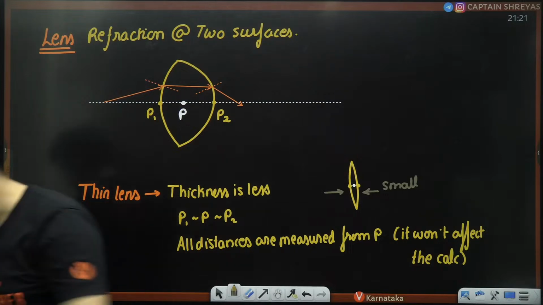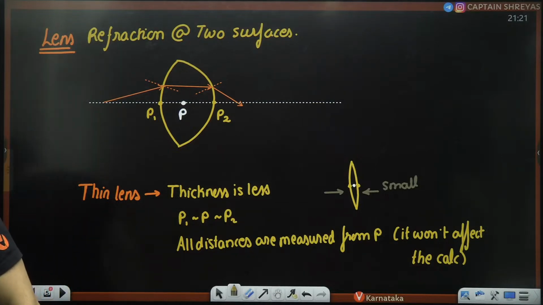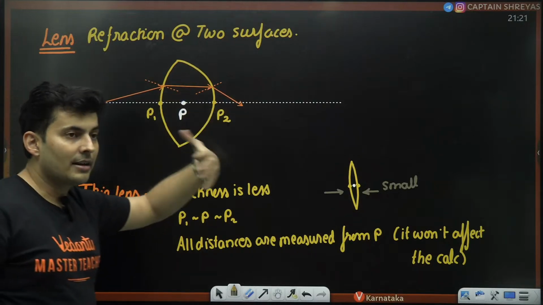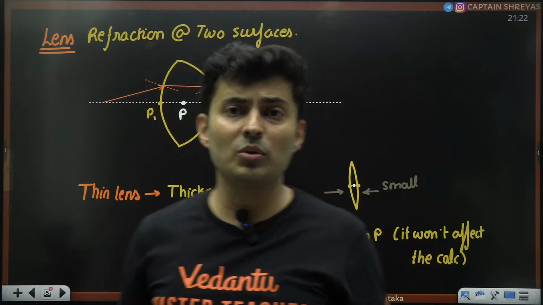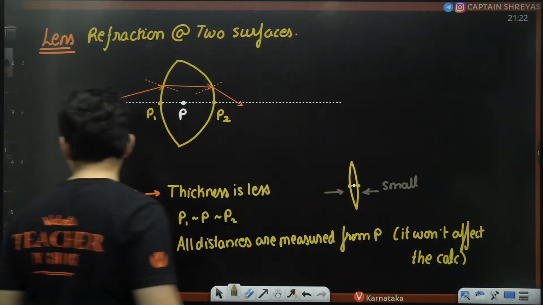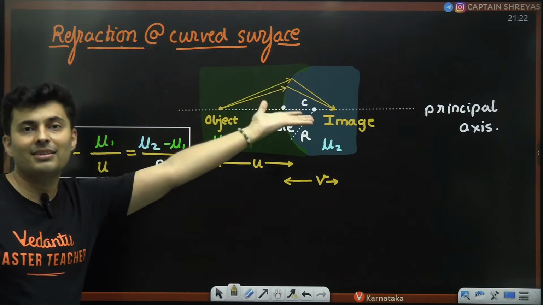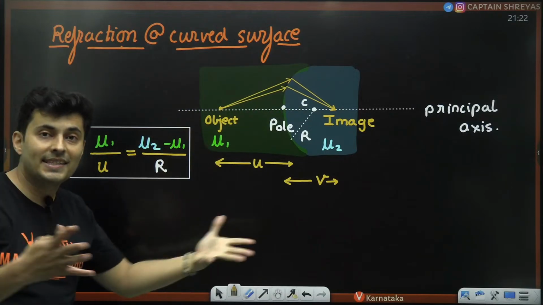Very good. Shall we move ahead to the next? Now you will be like, sir, if a lens is nothing but refraction at two surfaces, wouldn't you technically use this formula 2 times to see where the ray goes and meets? Exactly.